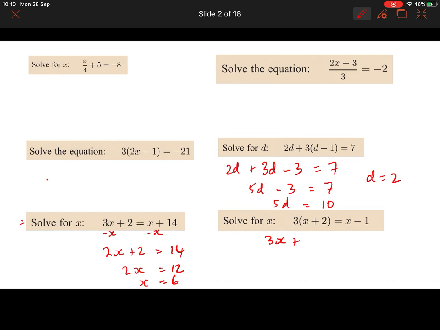And then the last one is the same process, just need to expand first. So 3x plus 6 equals x minus 1. Subtract x from both sides, I'll get 2x plus 6 equals negative 1. So 2x equals negative 7, so x is equal to minus 7 over 2. Just leave it as a fraction.